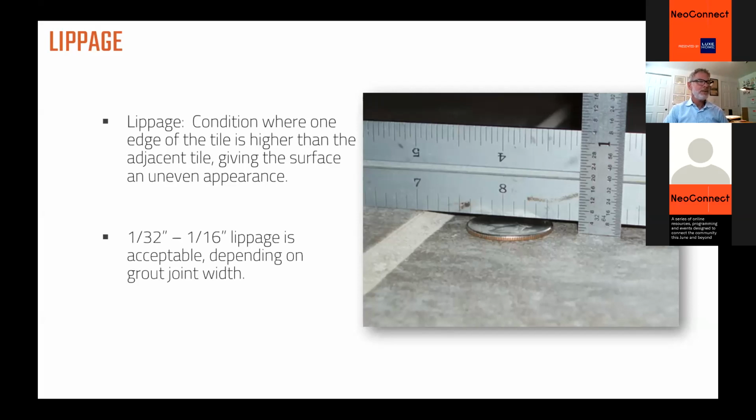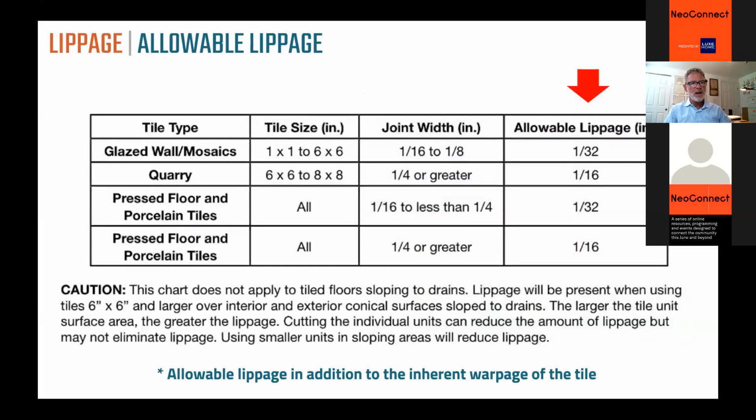The ANSI standard tells us how much is acceptable, and that number is 1/32 of an inch or 1/16 of an inch, in addition to the inherent warpage. So if the tile's warped, those numbers are on top of the warpage. It's either a 16th or a 32nd, depending on the type of the tile, the size of the tile, and the width of the grout joint.